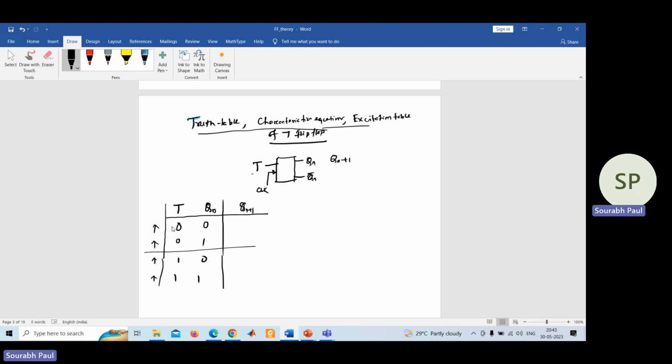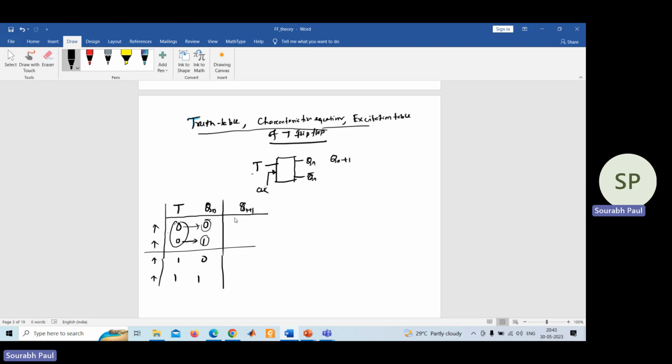If the input is 0, it means t equal to 0 in these two cases, here as well as here. If t equal to 0, then whatever may be your present output, the next output will be the same as the present output.